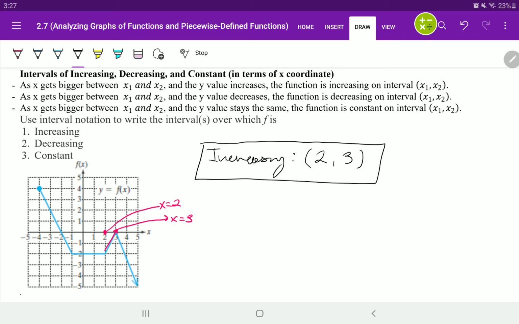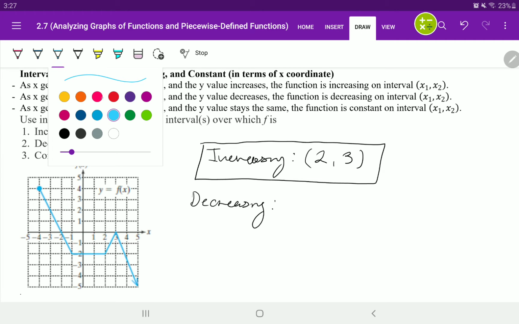Now, when it comes to decreasing, let's reset. There appear to be two intervals of decreasing. Let's make this red.